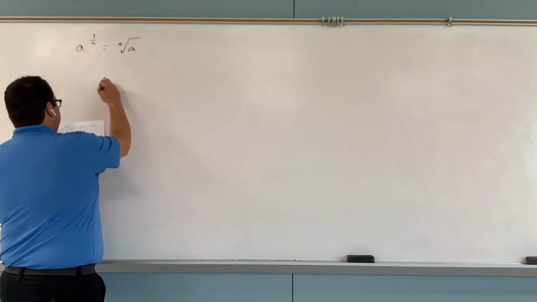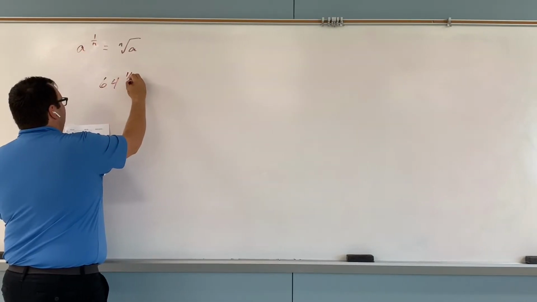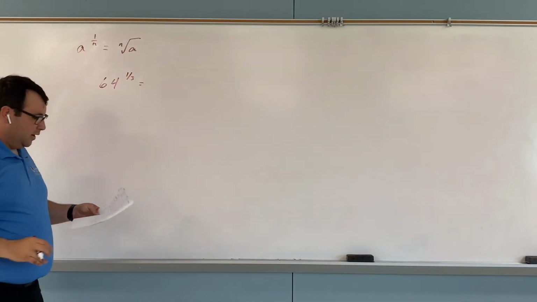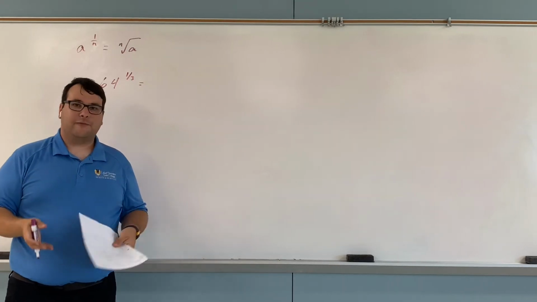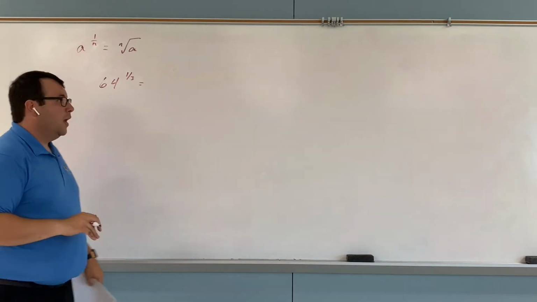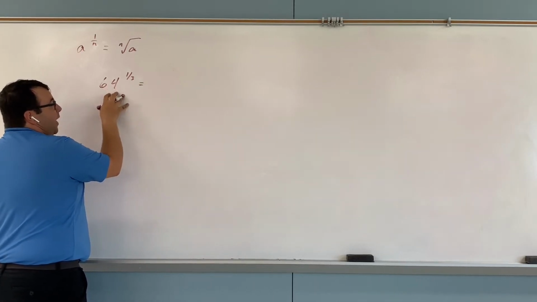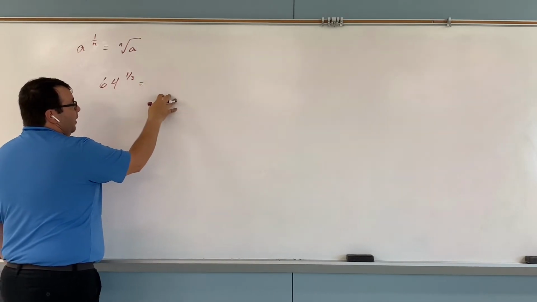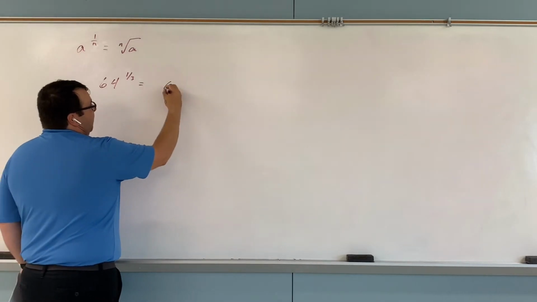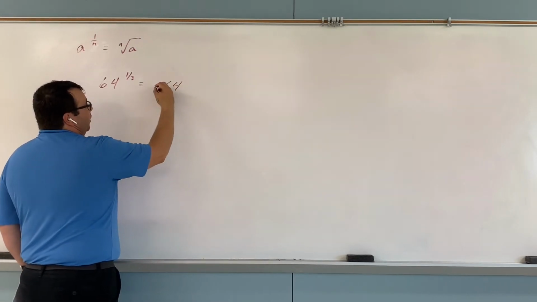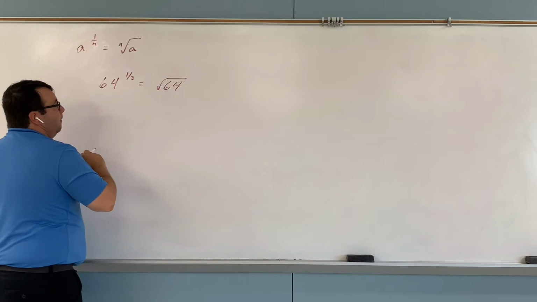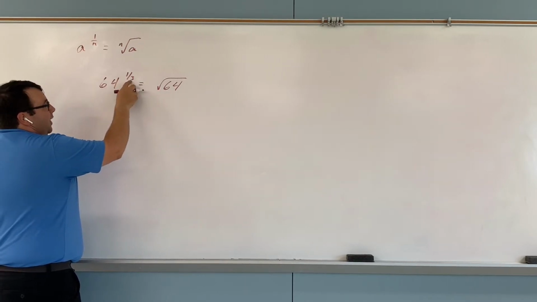Let's say I have the first example, which is 64 to the 1/3 power. And I get a simple instruction like simplify. That's it. In this case, what I would do is I would convert from exponential into a radical form. So I would have my base, which is 64. I know it's going to become a radicand. My root index is 3.